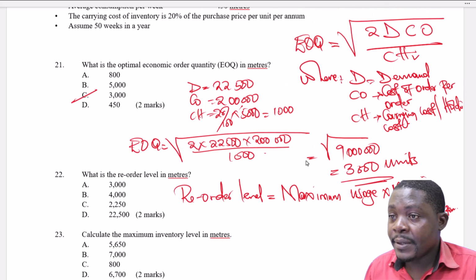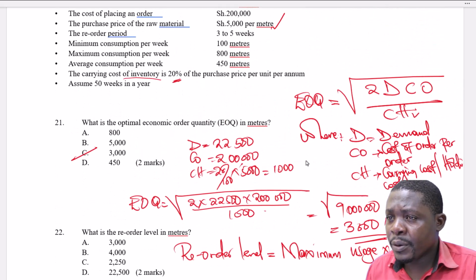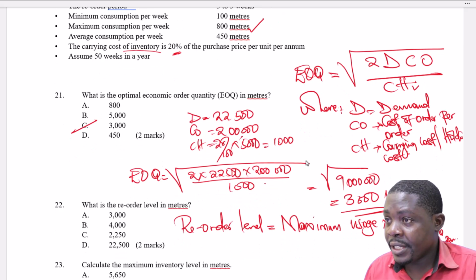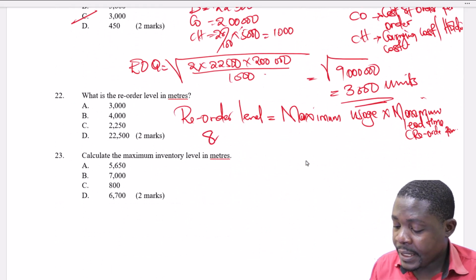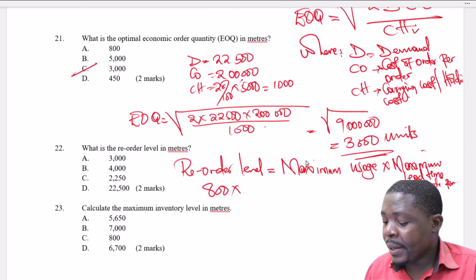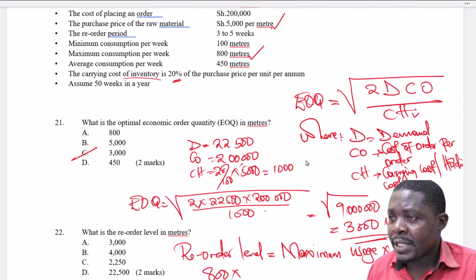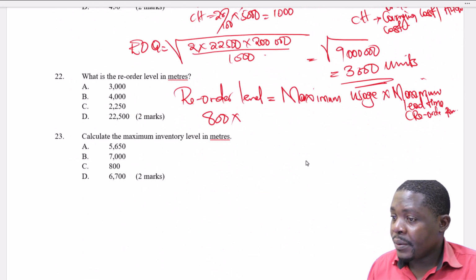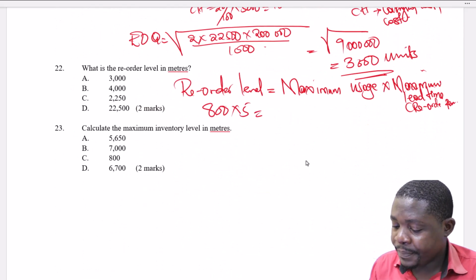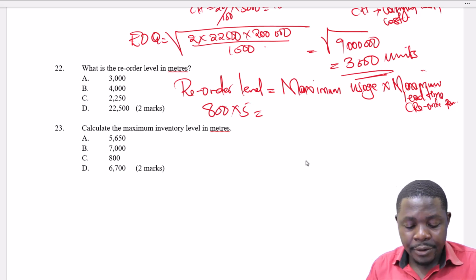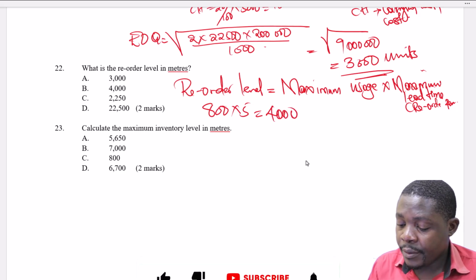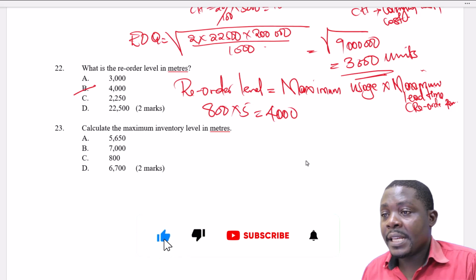Maximum consumption is 800. We multiply by the maximum lead time, which was 5 weeks. So 800 multiplied by 5 gives you 4,000. The answer in that case is B.